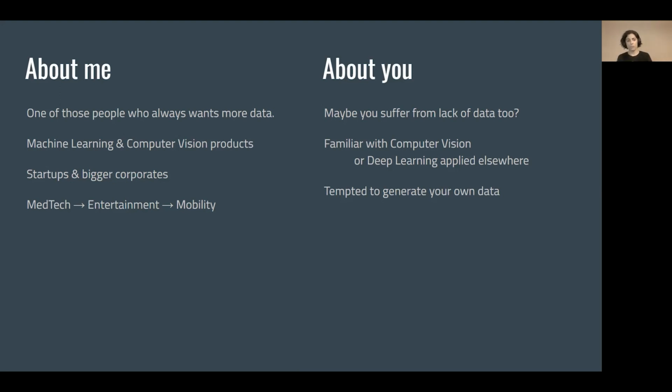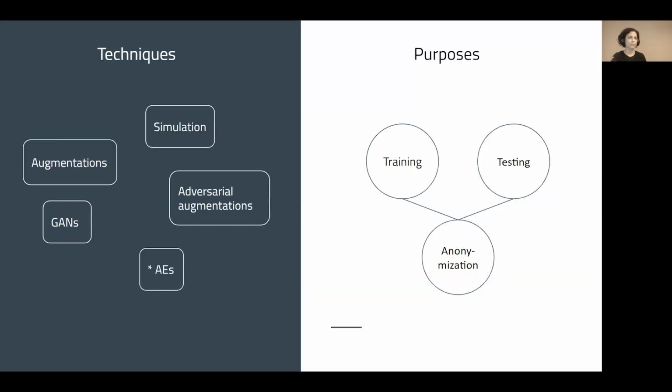Now, what I'm assuming about you is that you have perhaps a similar profile, as in you're interested or at least familiar with machine learning or perhaps computer vision, that you've also suffered the lack of data. Perhaps it's the same pain points I have sometimes, and that you're tempted to generate your own. And you're curious to know how to proceed, what tools are out there. And that's exactly what this talk is going to be about. What tools there are, where they fit, where they can help, where maybe they can't help that much.